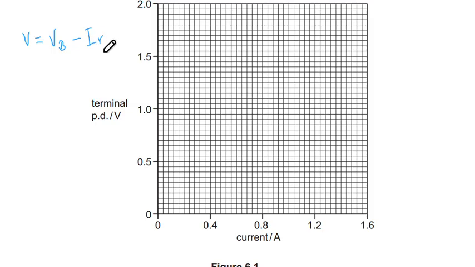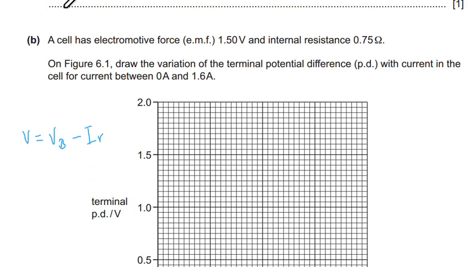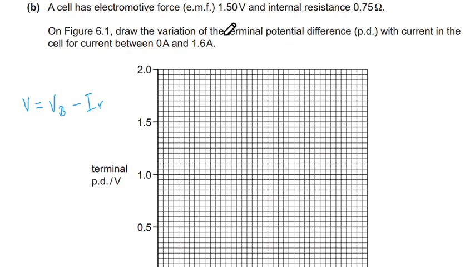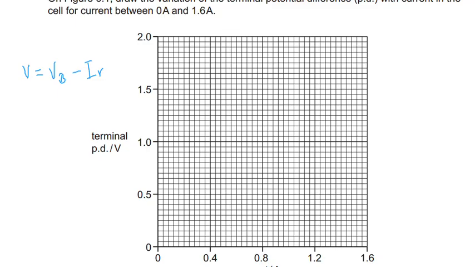This is a straight line equation with some part cut from the y-axis, and this part is VB. VB here is 1.5, so we will use the ruler starting by 1.5, and we should end somewhere here.